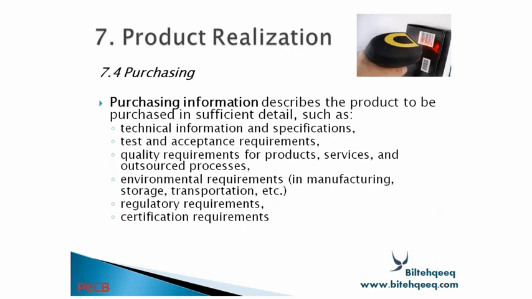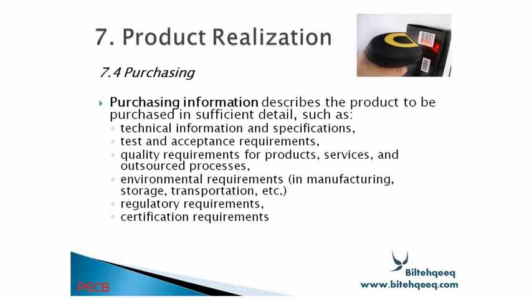Purchasing information describes the product to be purchased in sufficient detail, such as technical information and specification, test and acceptance requirements, quality requirements for products, services, and outsourced processes, environmental requirements in manufacturing, storage, transportation, etc., regulatory requirements, certification requirements.